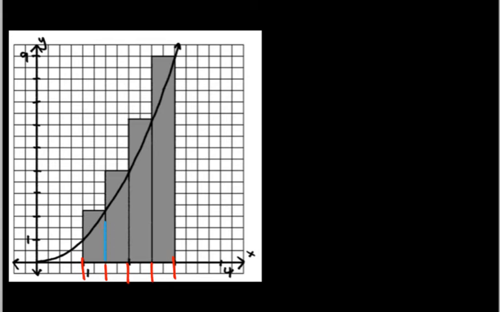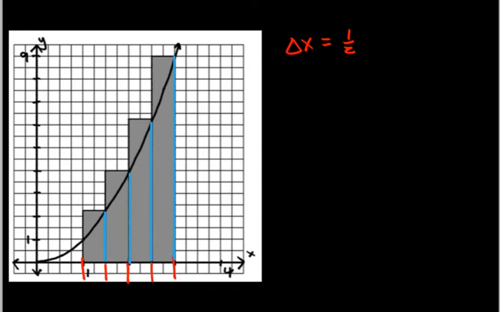So right side of the interval, right side of the interval, right side of the interval, and surprise, surprise, right side of the interval. Okay, so the base is still delta x equals 1/2. So that's the same thing. How about the heights though?